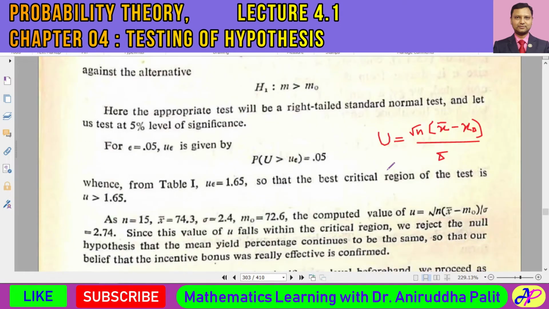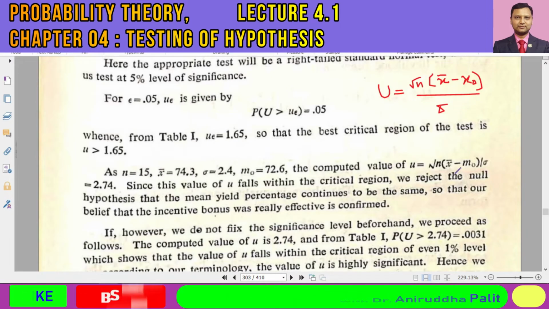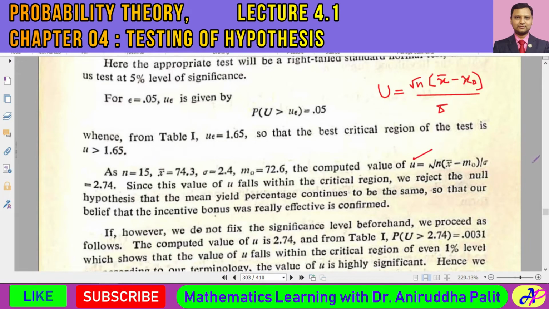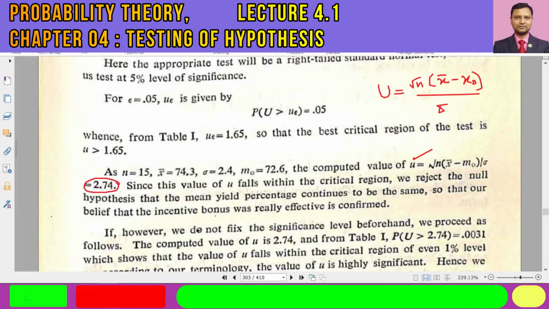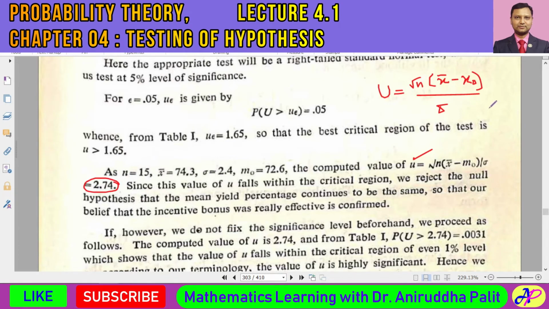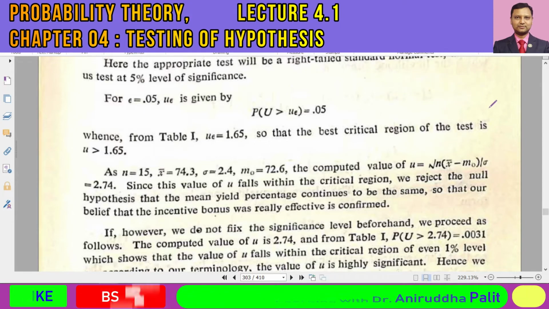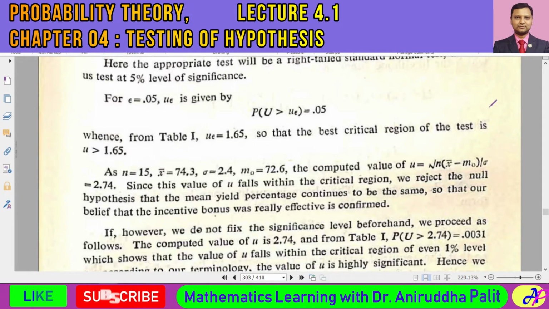Let me check where. Yes, they have computed the value over here. U is equal to root over of n into x bar minus m0 divided by sigma, and it comes out that the value is equal to 2.74. So this is the value of the test statistic, 2.74.